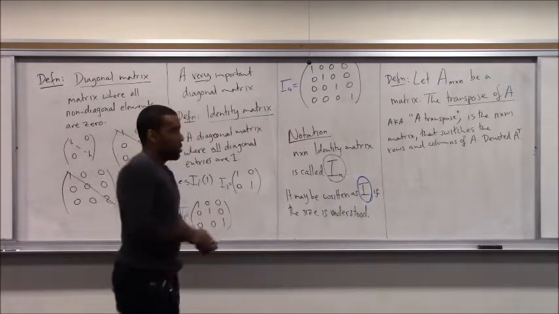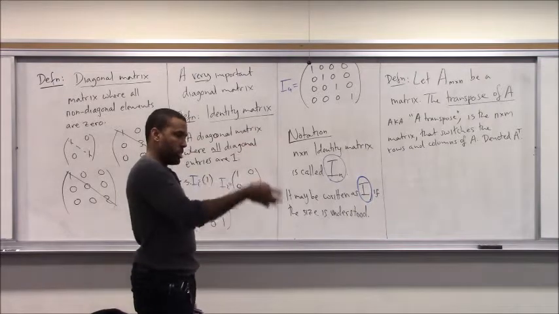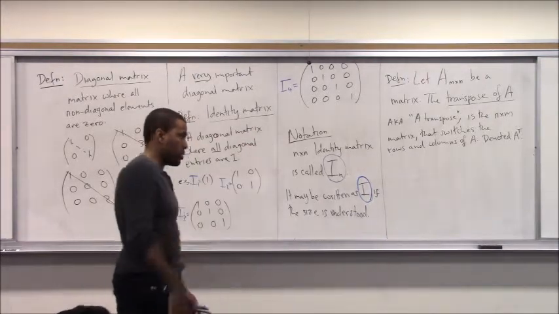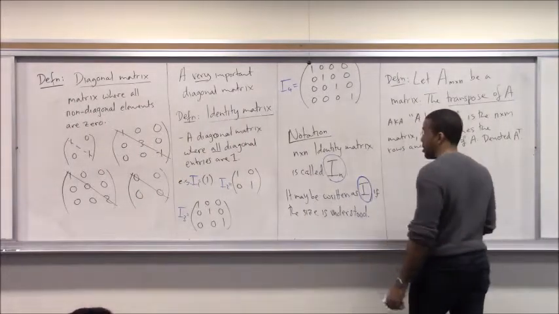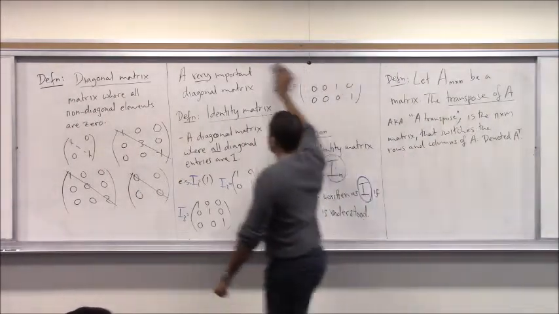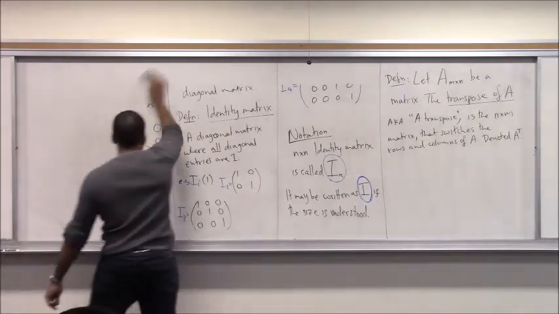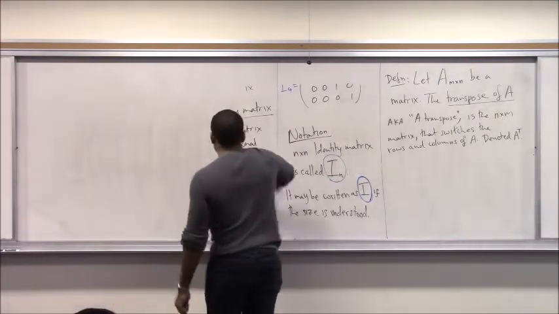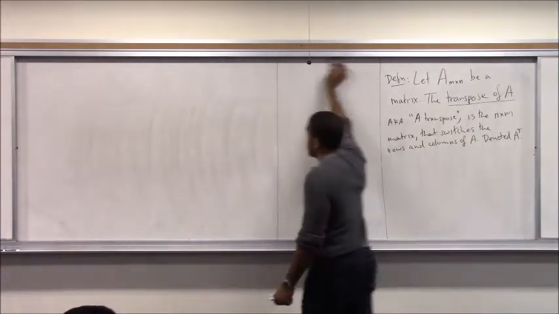Okay? So this literally means you take the first row, turn it into the first column. Take the second row, turn it into the second column. Third row, turn it into the third column, and so forth. Switch rows and columns. Corresponding rows turn to their columns. So let's actually just find the transpose of all the guys in the example we just did, the A, B, C, D. We're going to find all their transposes.